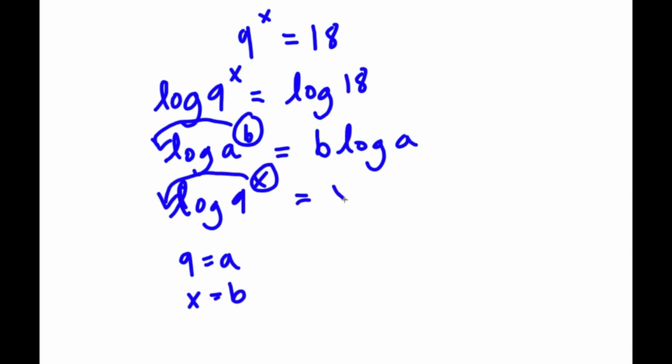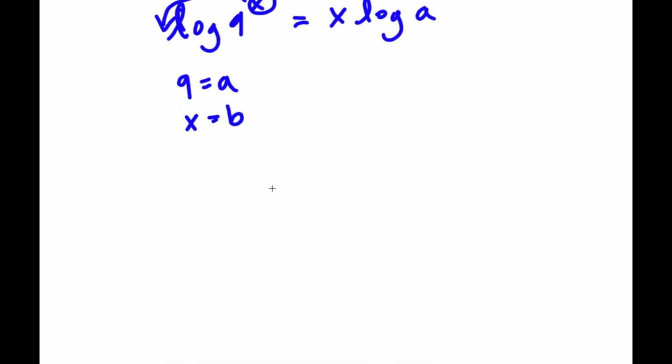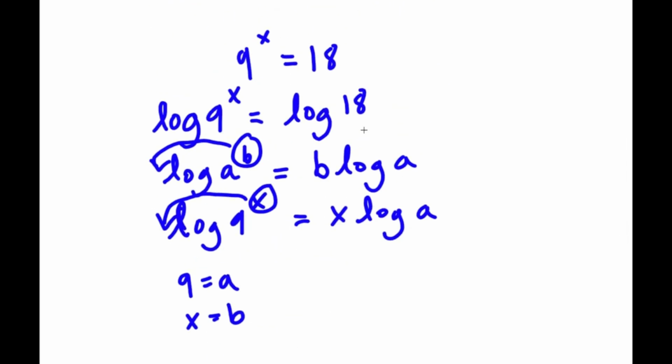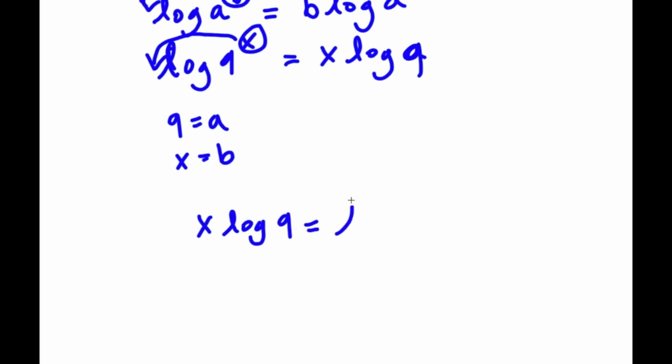So this is going to equal x times log a. So now I have x times log a is equal to, sorry, it's not a, it's 9. So I have x times log 9 is equal to log 18.